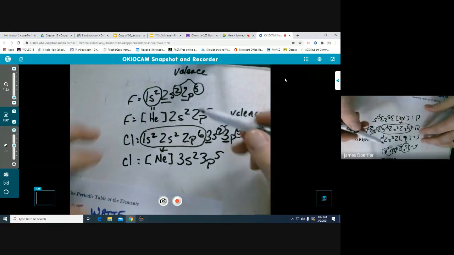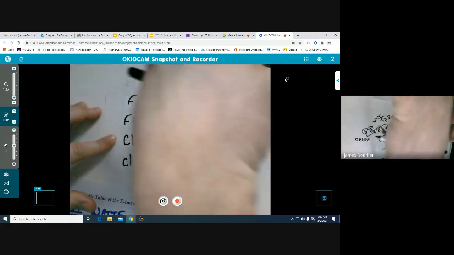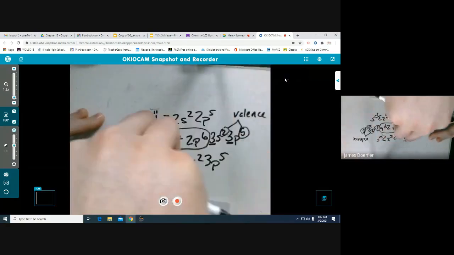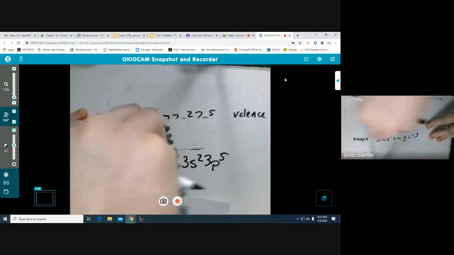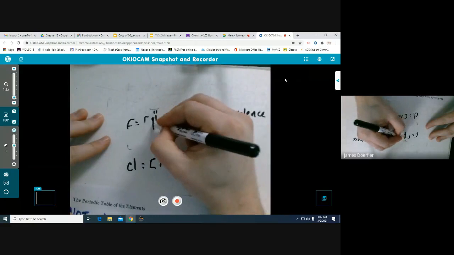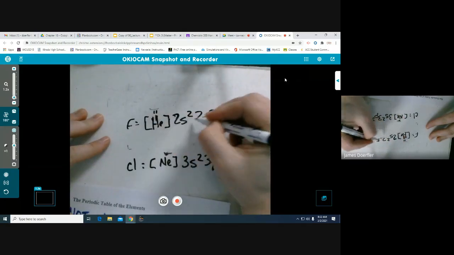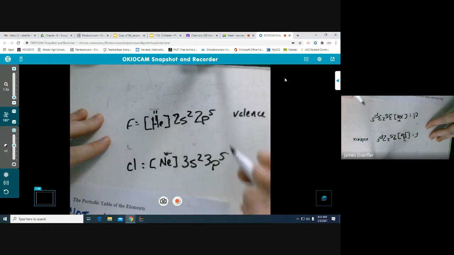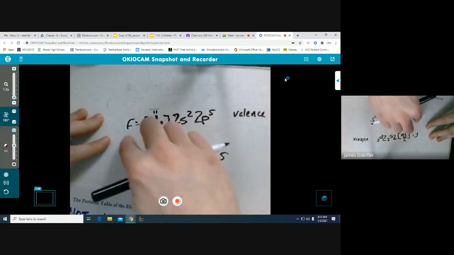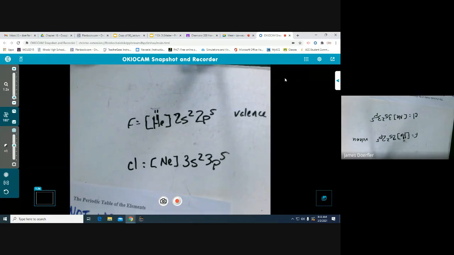So looking at the condensed electron configuration between fluorine and chlorine, do you see some sort of pattern? What's that?